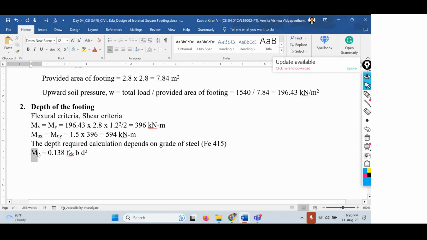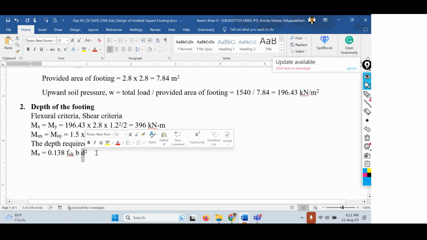We know the maximum moment, which is 594 kilonewton meter, and fck is grade of concrete, which is 20, and b is the width of the footing, which is 2.8 meters. Here you can see 2.8 meters, and depth we have to calculate.